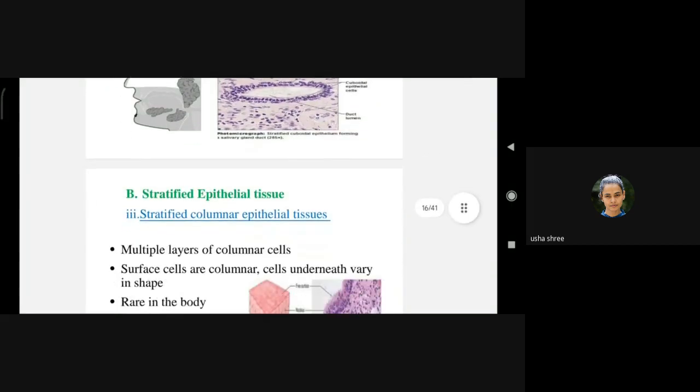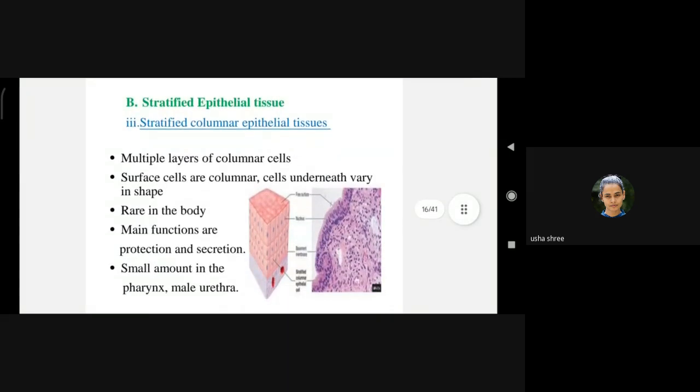Stratified is further divided into columnar epithelial. So, multi-layers of columnar cells. Surface cells are columnar. Cells underneath vary in shape. Means it is multi-layered.